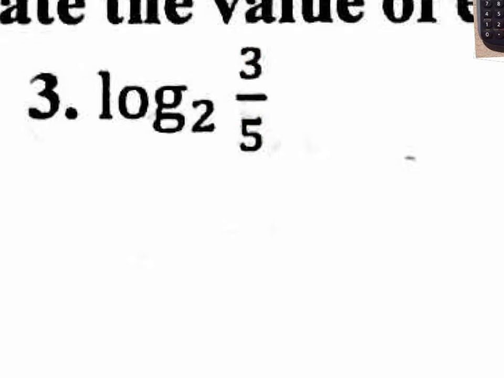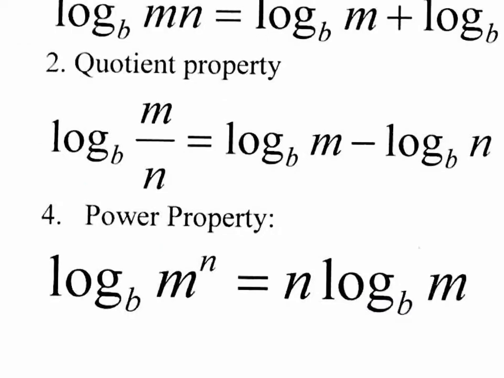So the quotient property allows us to take one logarithm and split it into 2 logarithms. Okay, so we're going to make it, this log base 2, we're going to put log base 2 of the top of 3. Now, if you're not following me, check this out. Here's the quotient property.